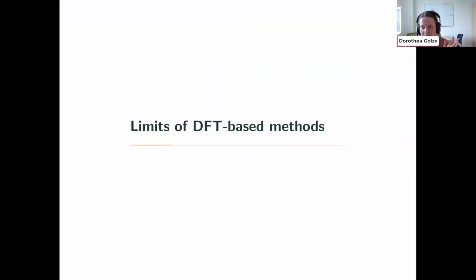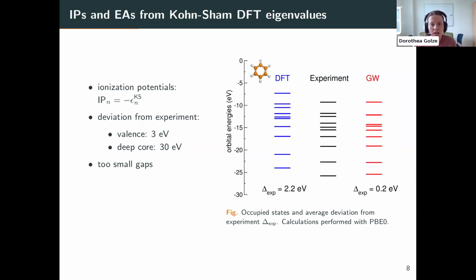So much for the experiment, and the question is, what could we do with DFT, and what are the limitations? The easiest idea would be to just use Kohn-Sham DFT eigenvalues and relate the negative of these Kohn-Sham eigenvalues simply to the ionization potentials for a certain level n. I have here an example for the benzene molecule computed with the PBE0 functional, so already a hybrid.